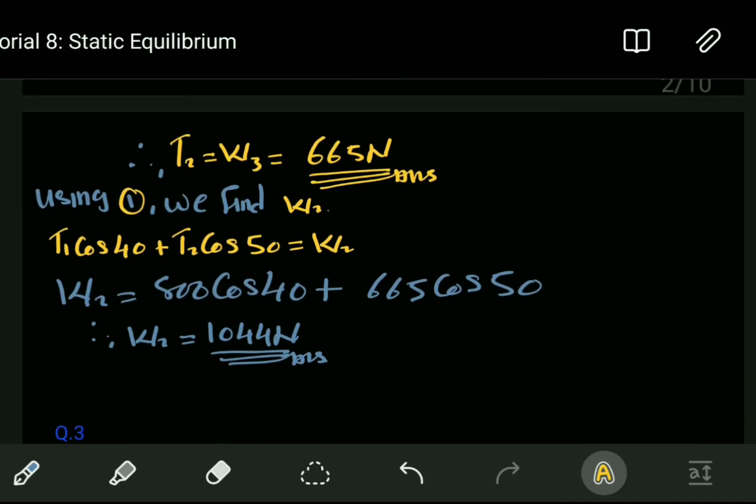Therefore, W2 equals 800 cos 40 plus 665 cos 50, giving us W2 as 1044 newtons. So 1044 newtons, that is W2.